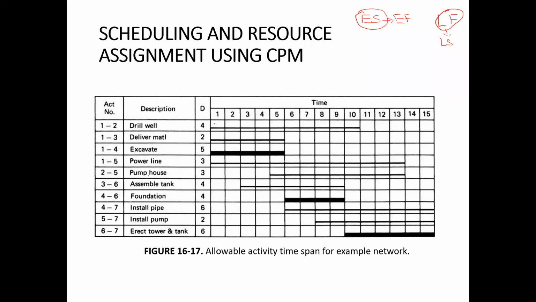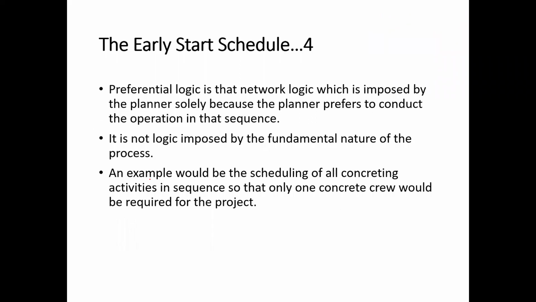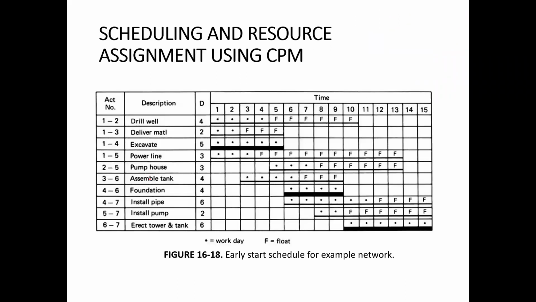Once we have drawn this network, now we can represent it with the early start schedule. That means we assume that all the activities start at their earliest start time, and then we can represent that information in the network. Here in this figure, it has been represented.